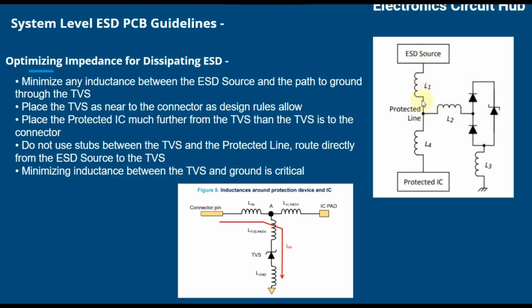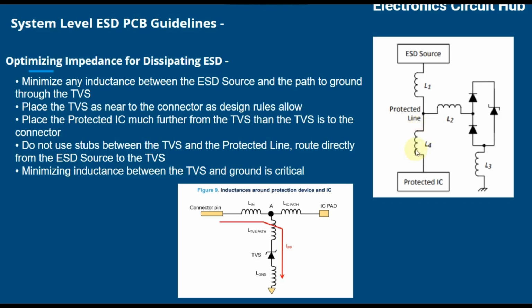So from the source to here you have some inductance, some impedance, that is L1. Then from this node to your ESD diode there will also be some impedance due to the component leads, and from this node to the protected IC you also have some impedance.